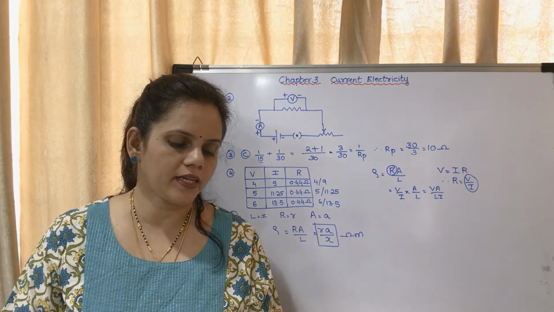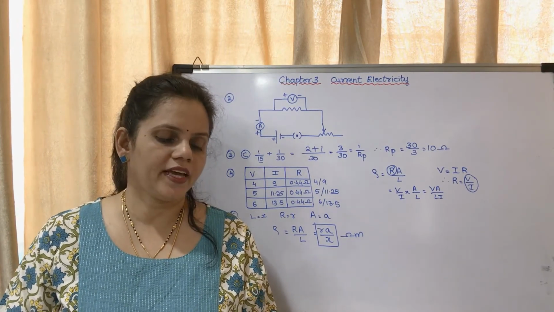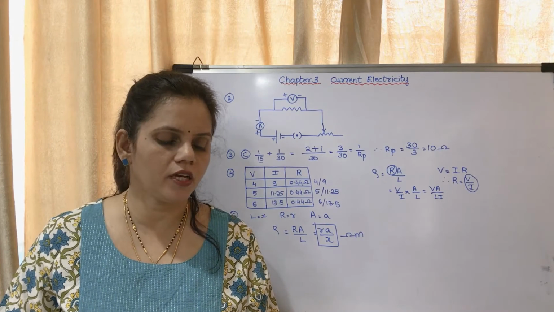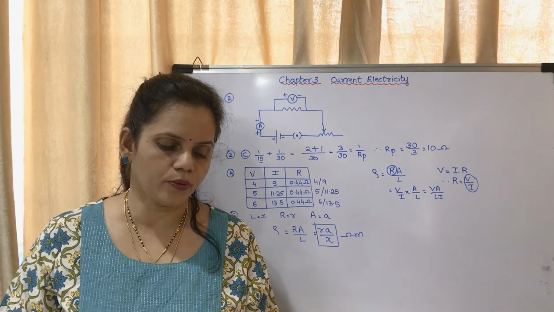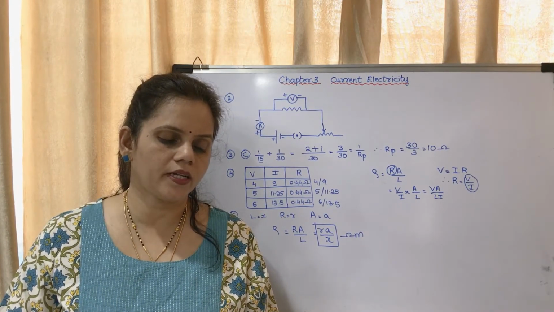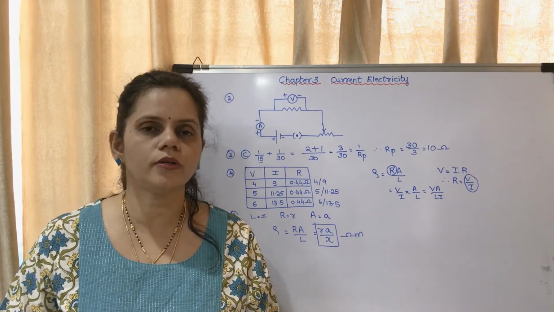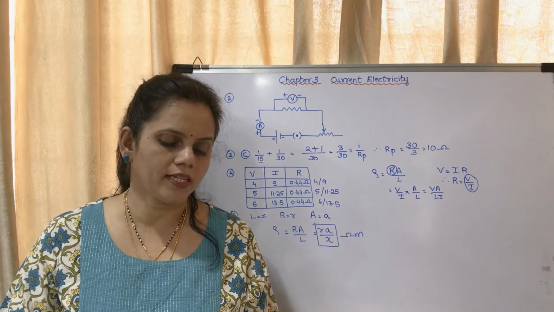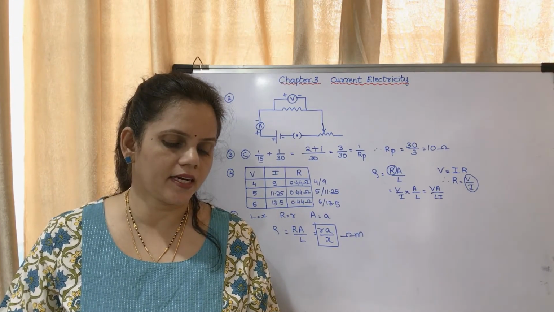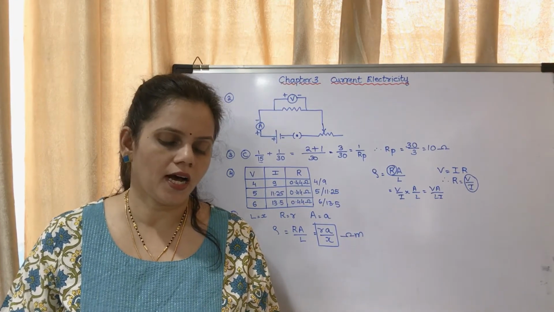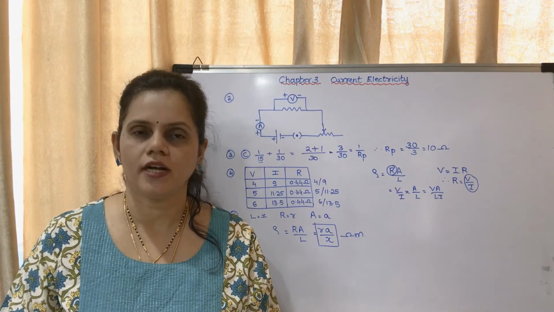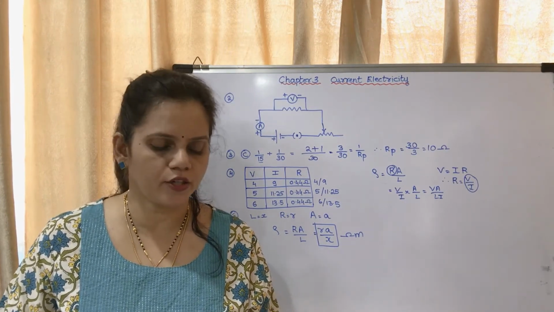Now both S1 and S2 are open. If S1 is open, the current will not flow through R2. And if S2 is open, the current will not flow through FG, but it will go to HI. So in that case, the current will pass through R1, R3 and R4. It will not pass through R2.